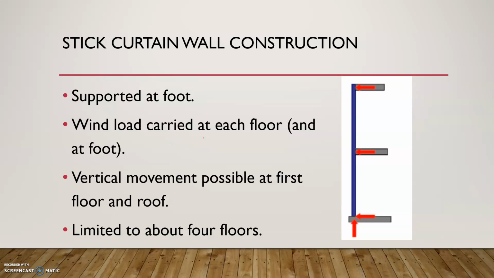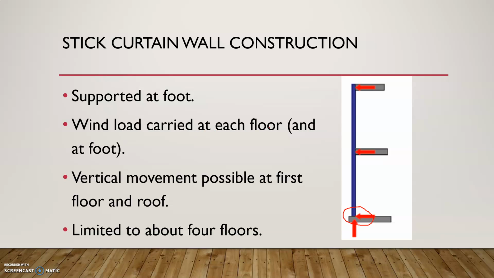Okay. So stick curtain walling systems are normally supported at the floor or the foot. You can see on the picture that with this curtain walling, all the loading is transferred from the floor level and then comes down on the foot, which is the ground floor or the bottom floor of the facade.